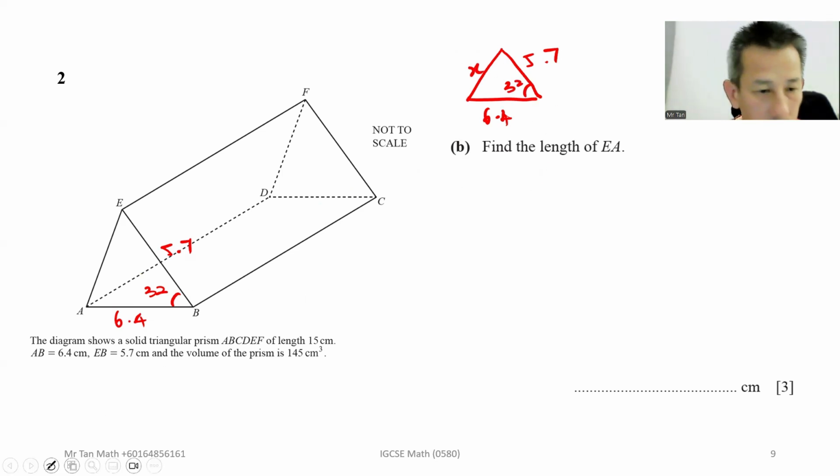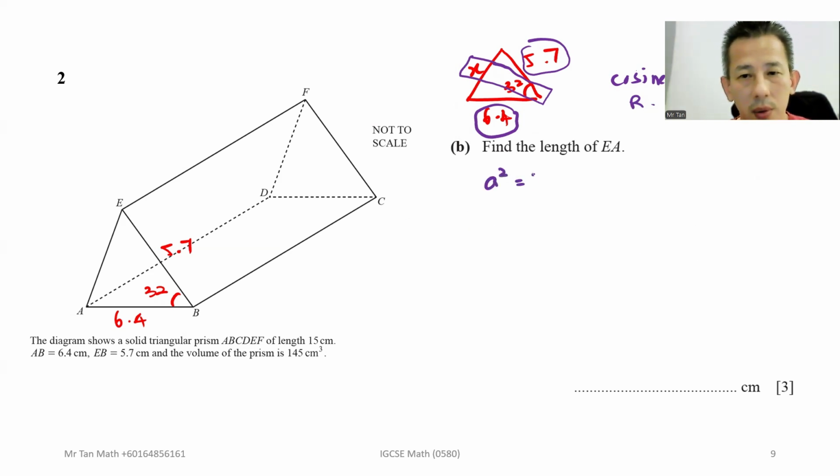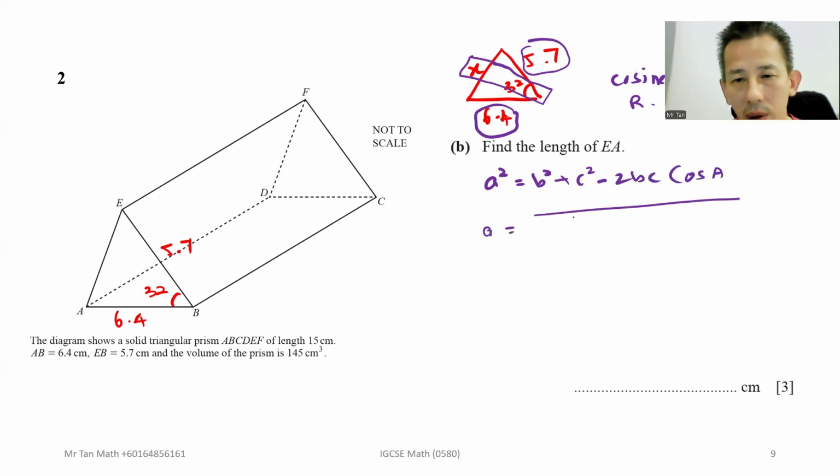Okay. So you're dealing with a non-right angle triangle. So you either have sine rules or cosine rules. So this we use the cosine rules. So A squared equal to B squared plus C squared minus 2BC cos A. Therefore, A should equal to square root of everything.